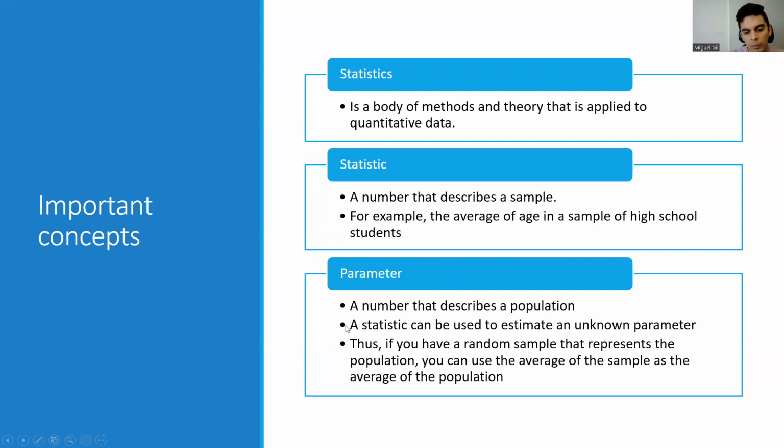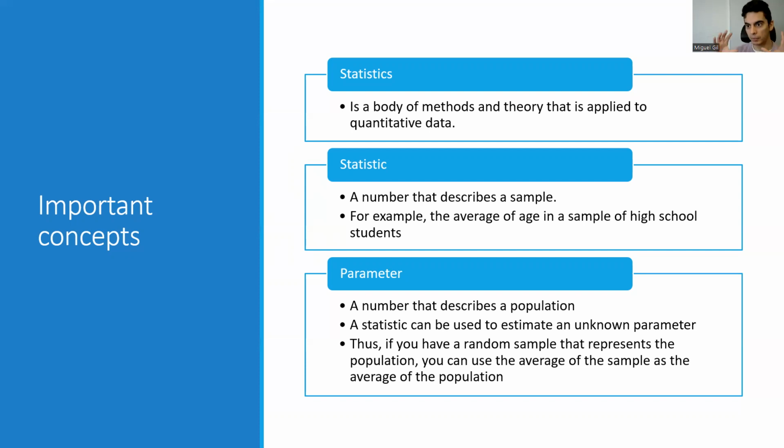But here is an important thing. Sometimes we can assume that the statistic can be used as a parameter. We can assume, if certain conditions and assumptions are met, that the average age of these 20,000 students is also the average age of the total 200,000 high school students.